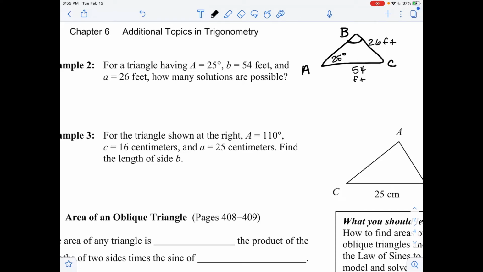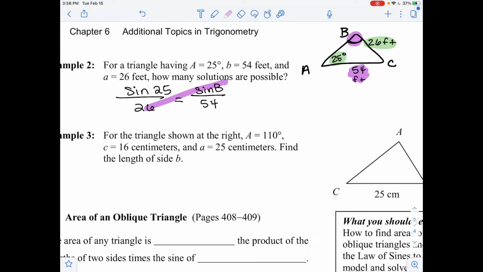Well, we don't know this angle, but we have this angle and its opposite side. So we can say the sine of 25 divided by its opposite side equals the sine of angle B over 54.